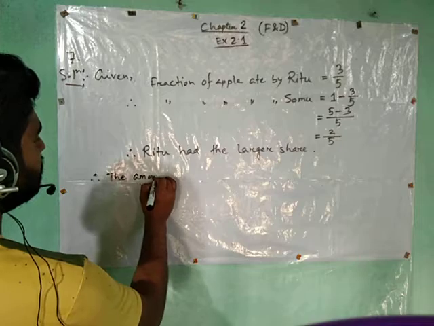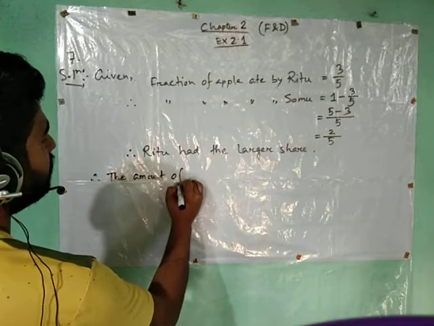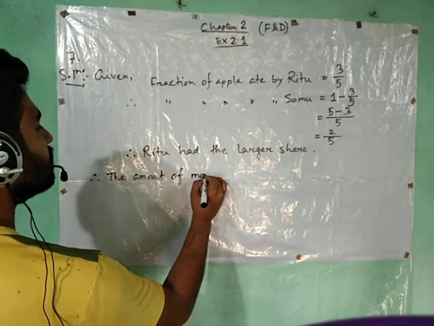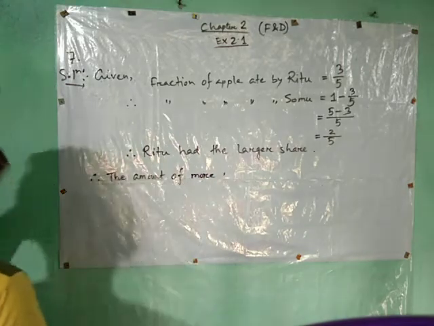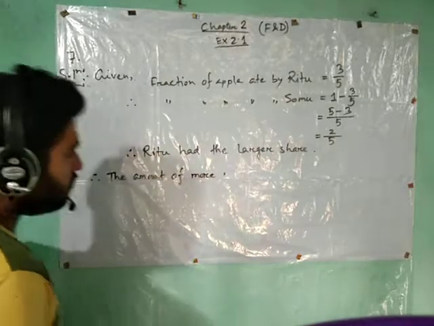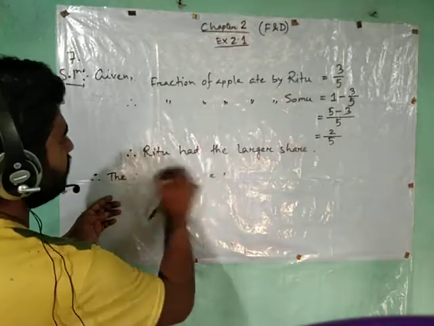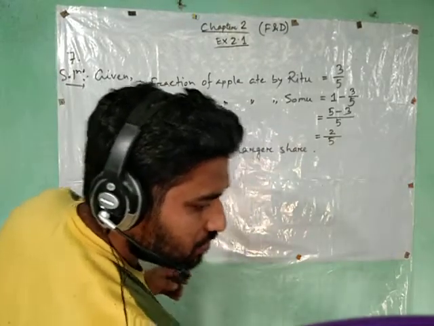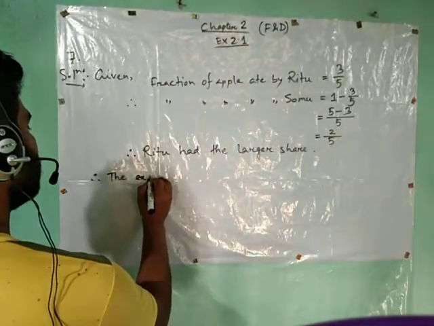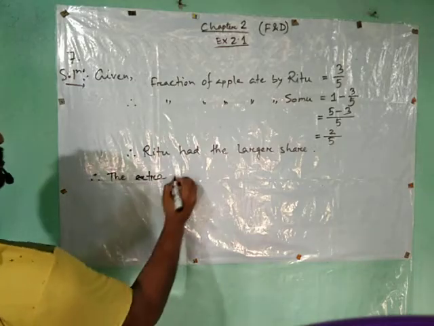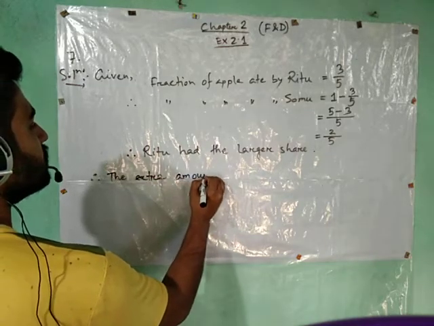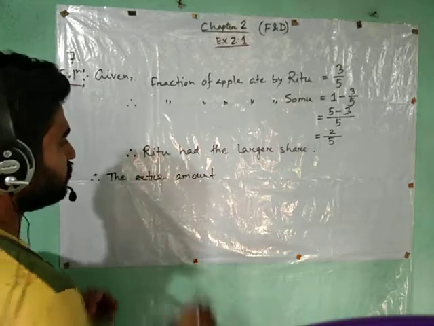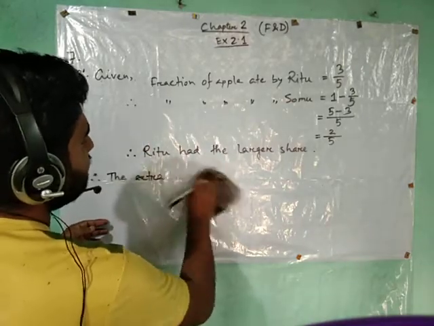The amount of more, the extra amount of... लिखोगे या एक्स्ट्रा पार्ट लिखोगे? एक्स्ट्रा पार्ट लिखने से बेहतर होगा.